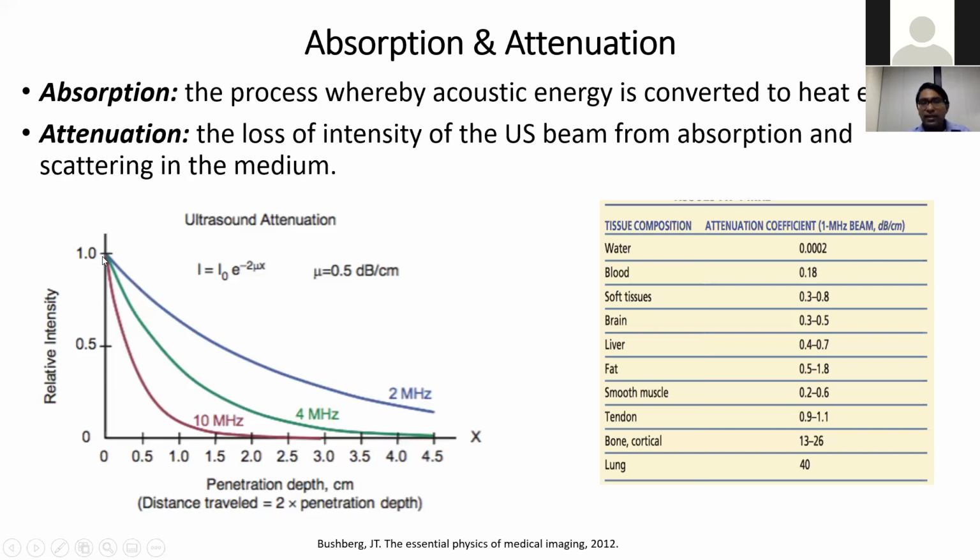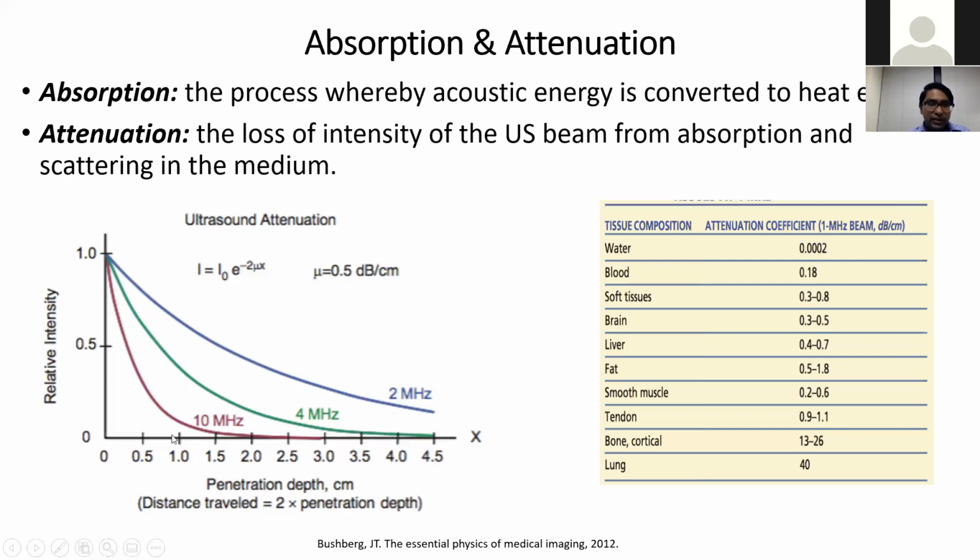You can see that when we have a lower frequency, for example, 2 megahertz, represented by the blue line, the attenuation is much smaller and we can penetrate deeper. But as we increase the frequency, our relative intensity falls very quickly because the attenuation is frequency dependent and causes more of the energy to be absorbed by the media.